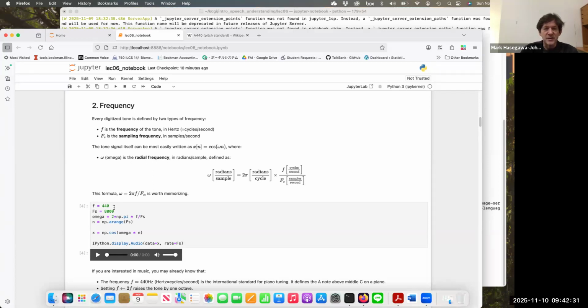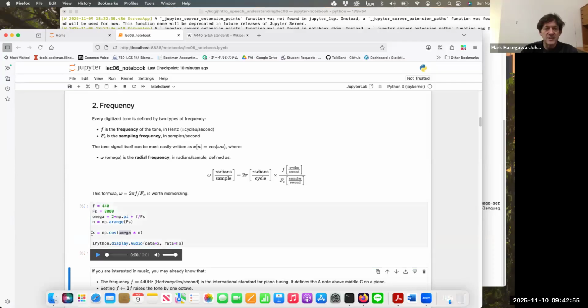We calculate that by taking the frequency of the cosine in hertz, dividing by the number of samples per second, and multiplying by 2 pi. That gives us omega, the frequency in radians per sample. And then if I take omega and multiply that by n, I get the same result as before.